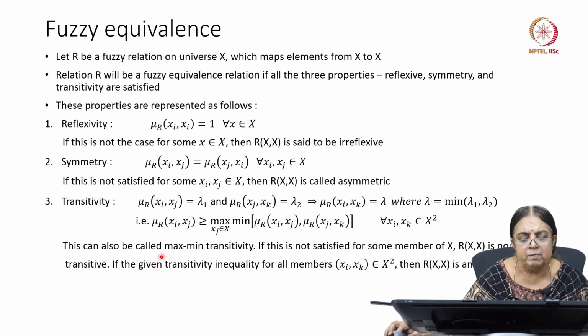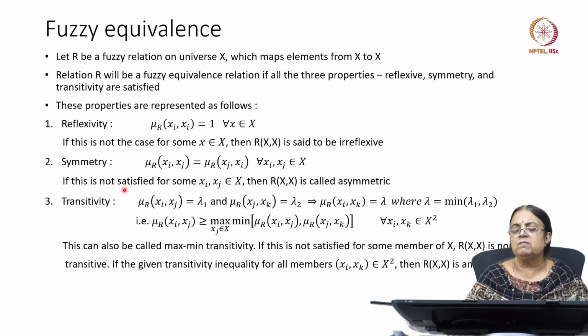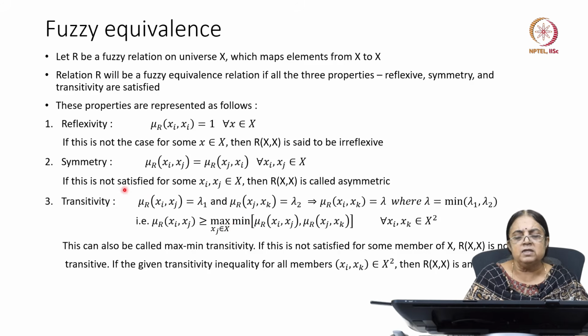So this is called max-min transitivity because you are using max-min here. If it is not satisfied for some member of x, then you say the relationship is non-transitive.